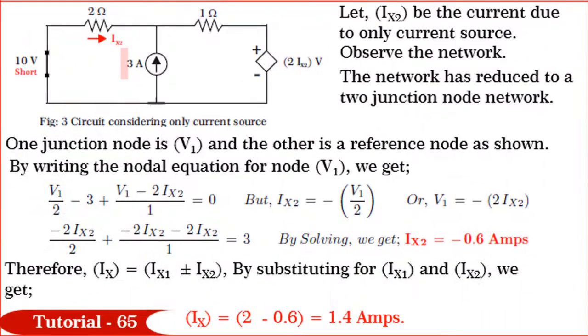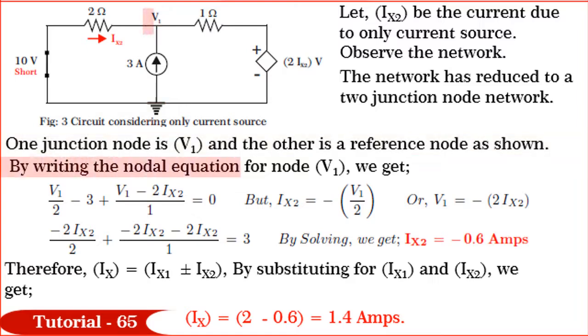Next, by considering only current source, the voltage source is forced to zero by short circuiting it as shown in figure. Let Ix2 be the current due to only current source. Observe the network. The network has reduced to a 2-junction node network. One junction node is V1 and the other is a reference node as shown.